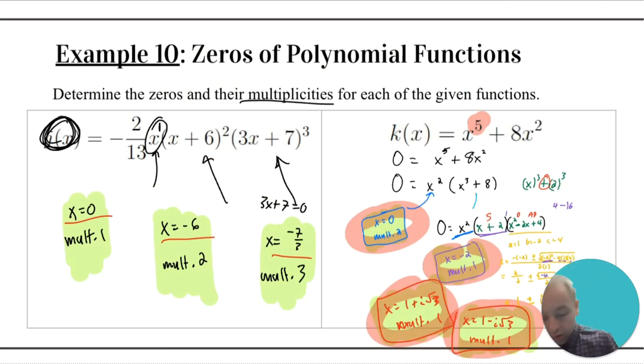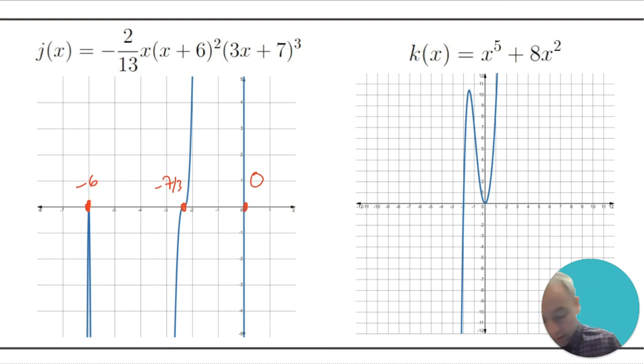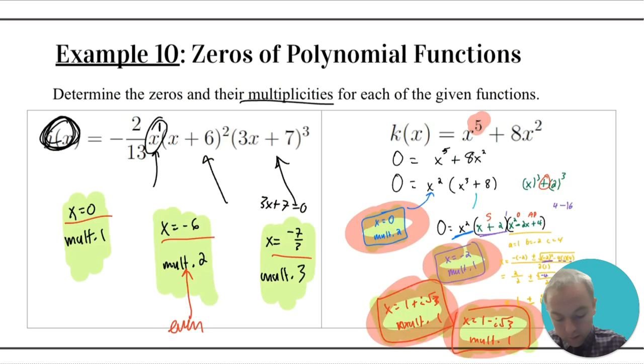Now also keep in mind that right here, this happened with multiplicity 2, which means this was even multiplicity, and that's when at the 0 on the graph, it should bounce. So you'll see that right here at negative 6, it did bounce. It just stayed below the x-axis there, but here it crossed, and there it also crossed, because you had odd multiplicity of 1 or odd multiplicity of 3 for those ones.